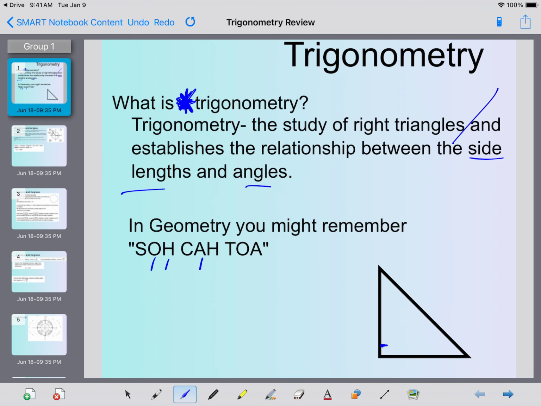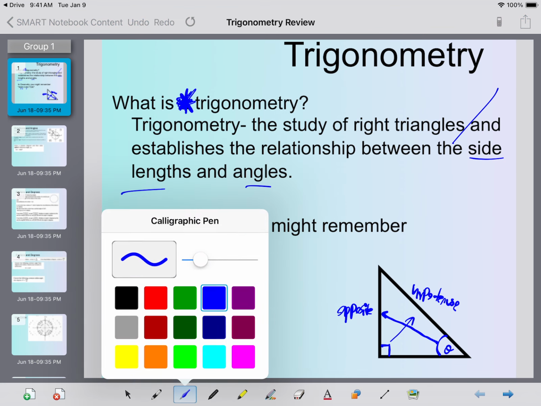So we have this right triangle here. The hypotenuse is the side across from the right angle. We have, let's call this angle theta here. The opposite would be the side across from that angle, not across from the right angle. So this would be your opposite side.